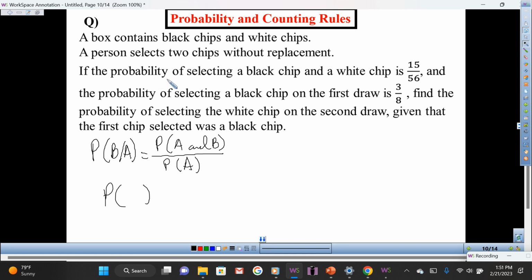If the probability of selecting a black chip and a white chip is 15 over 56, and the probability of selecting a black chip on the first draw is 3/8, find the probability of selecting the white chip on the second draw, given the first chip selected was a black chip. Talk it over with your neighbor: what are we going to substitute, given only those two values?